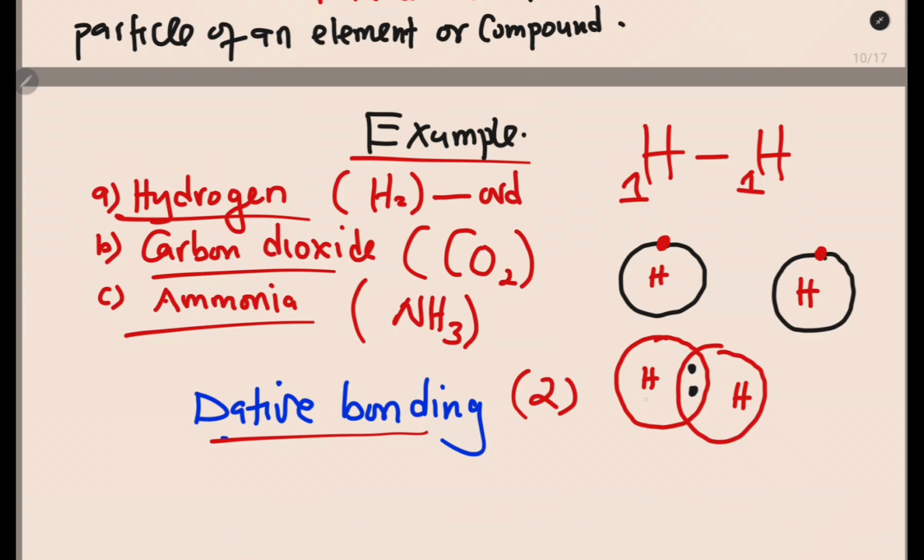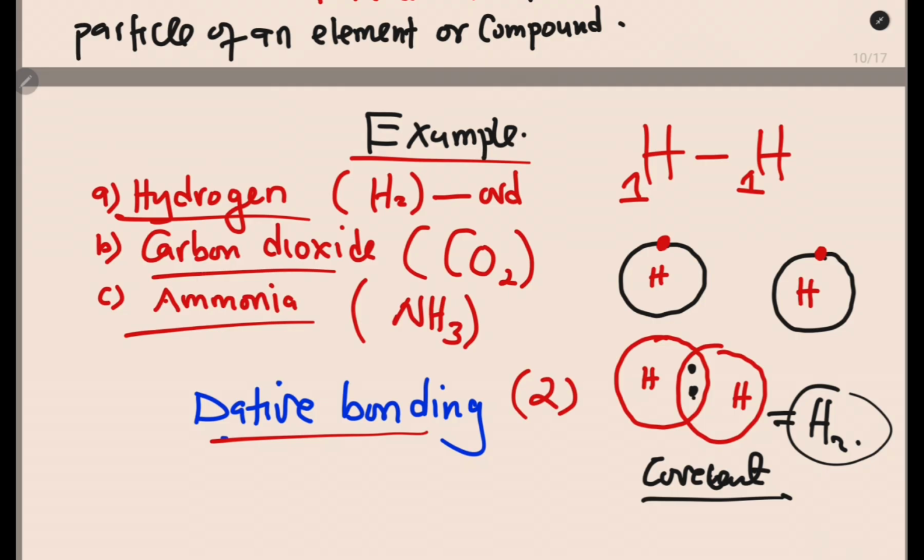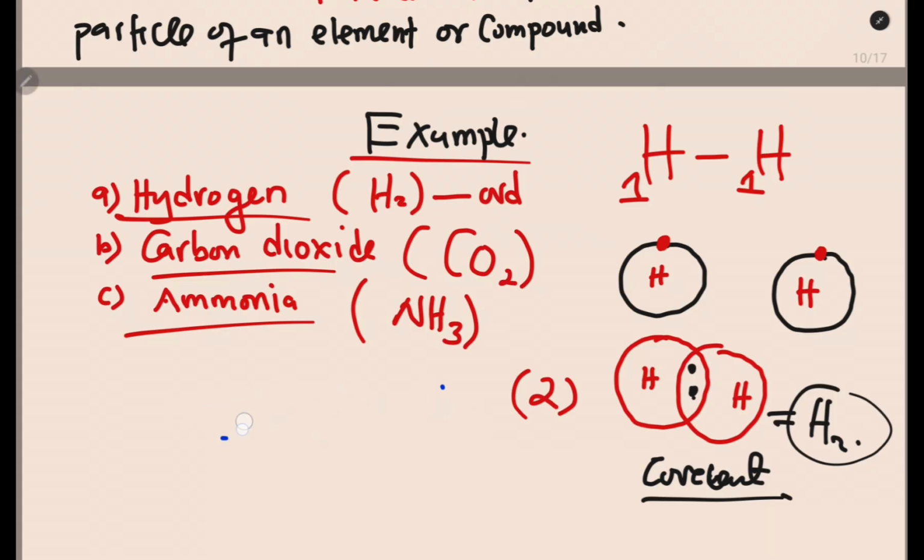If we count the number of electrons in the first hydrogen, 1, 2. The second one, 1, 2, and they are stable. And this is the covalent bond between hydrogen atoms, resulting in hydrogen. That is how a covalent bond is formed, by sharing of electrons.